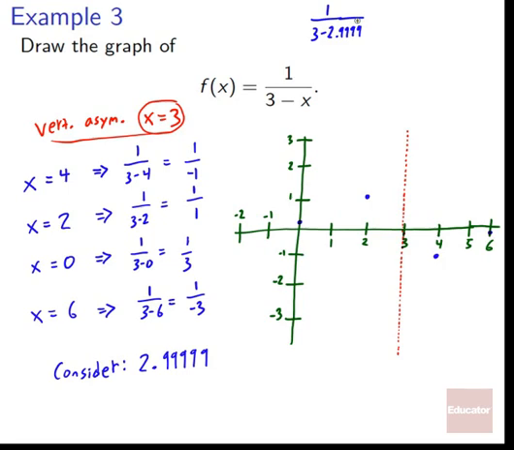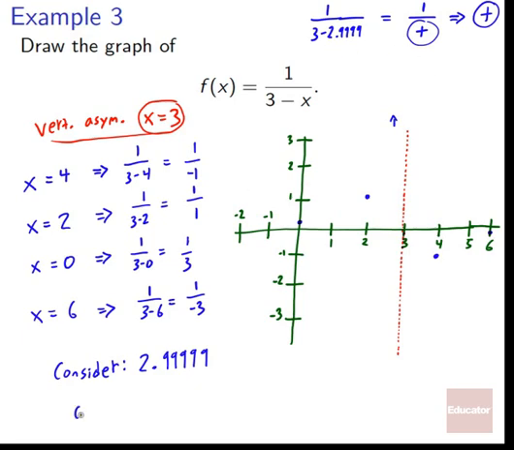Well, 2.99999 is still smaller than 3, so it's going to come out as a positive thing. So we've got 1, a positive number, divided by a small positive number, so the whole thing will come out positive on the left side. We're subtracting by something, but it winds up being just under, so we stay positive. So we know we're going to go up on this side.